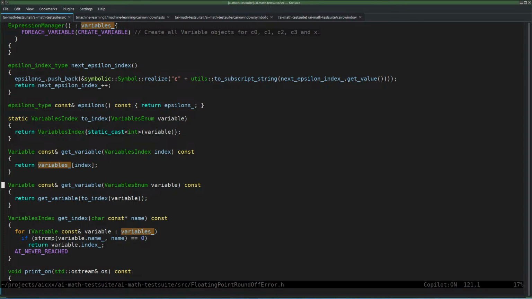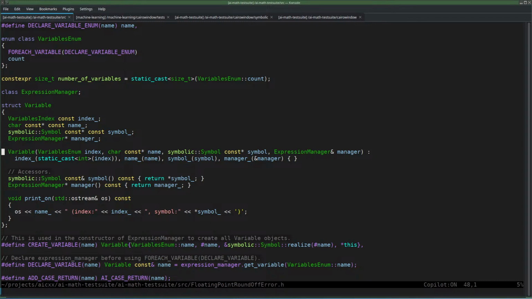That is, it is a variables index, so this type. Therefore, this returns a variable const reference, where the variable is this struct, and I want to assign to the symbol, unfortunately, but I can call just symbol on it. Looks very const, but it doesn't matter. It's the const here. You can just assign to it.